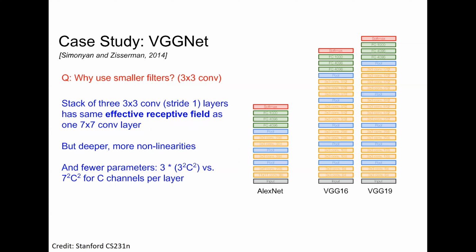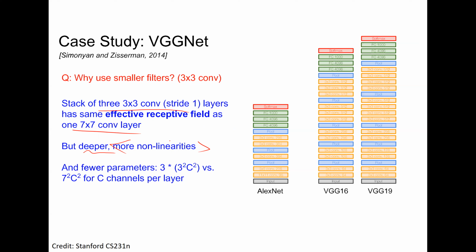However, is it better to use 3x3 convolution than a single 7x7 convolution? Yes, because by stacking more convolution layers, we can make our architecture much deeper, meaning that we are employing more nonlinearities.